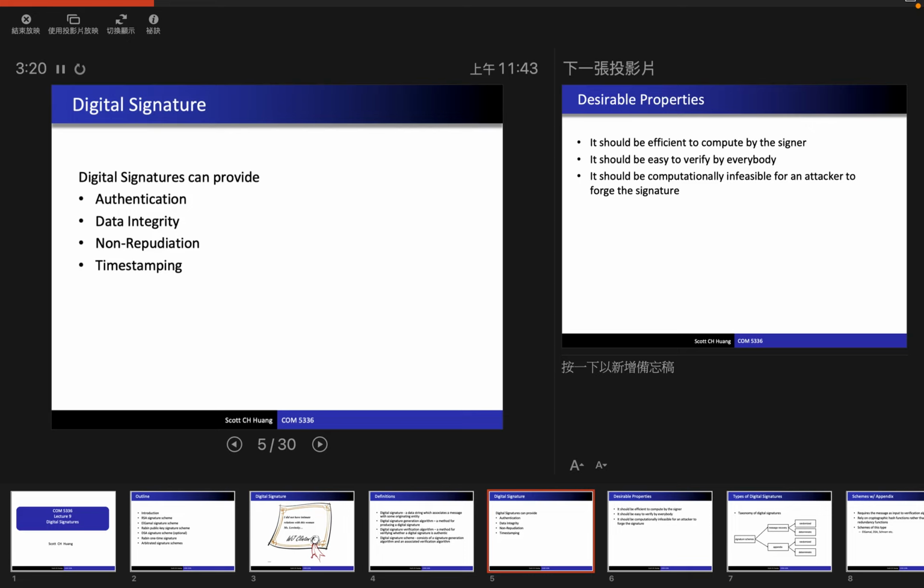Alice and Bob share a secret key K. And then Alice sends an encrypted message. And then you're Bob. You receive this encrypted message, and then you decrypt it using K.